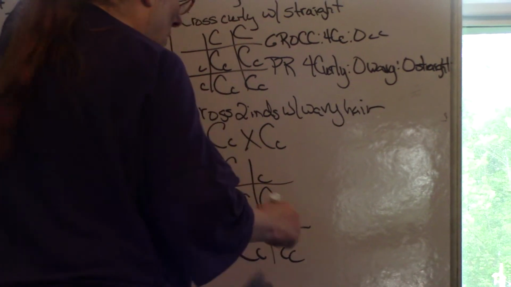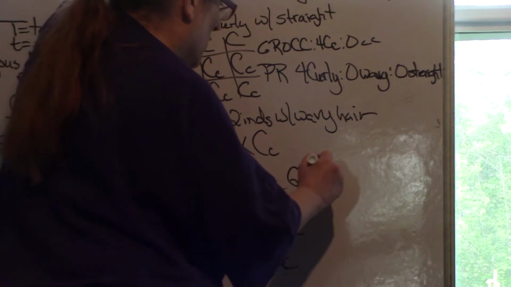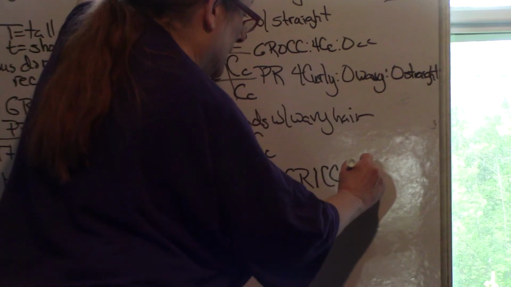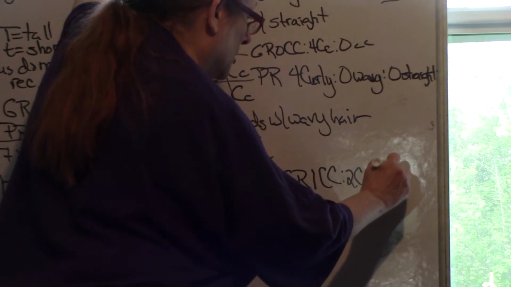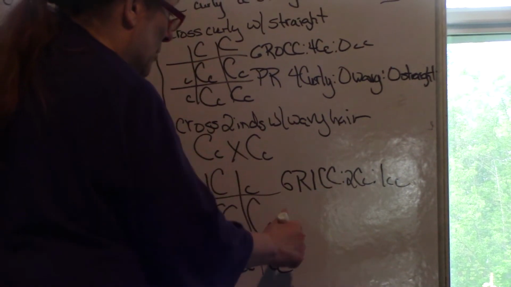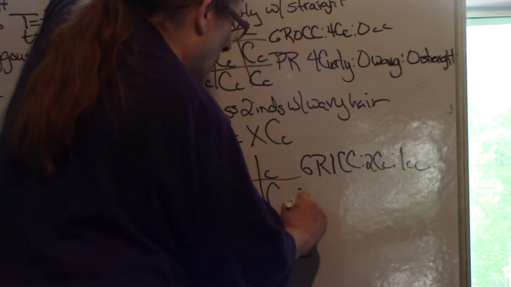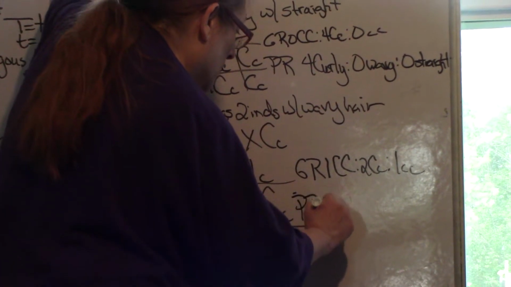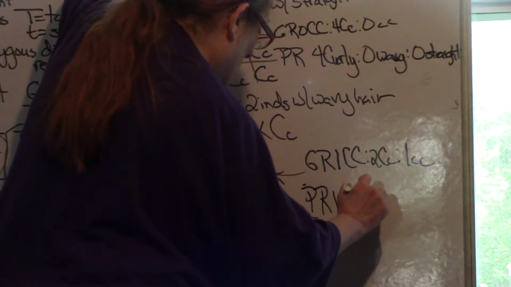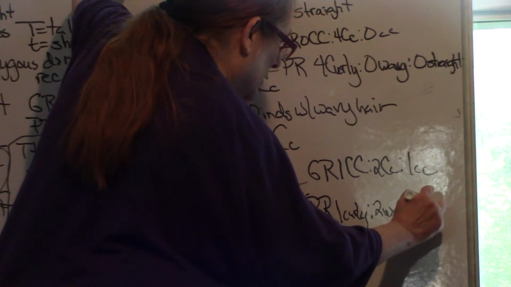And like we had over here, we have a genotypic ratio. When we took two heterozygotes and crossed them, we've got 1 big C big C, 2 big C little c to 1 little c little c, but now all the genotypes are showing with the phenotypes. So our phenotypic ratio is 1 curly to 2 wavy to 1 straight.